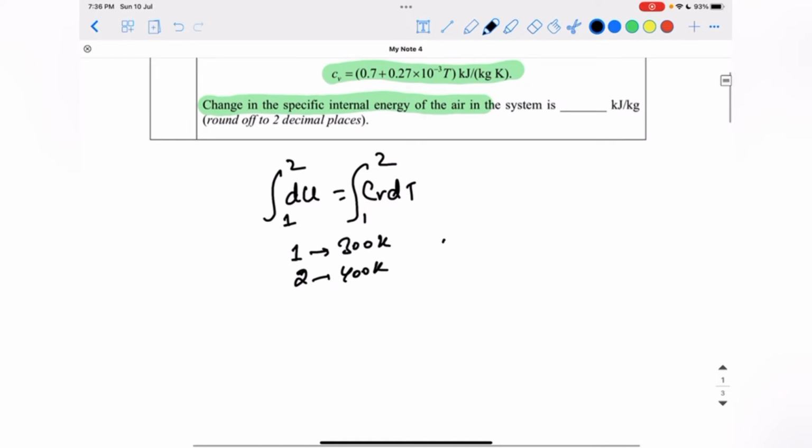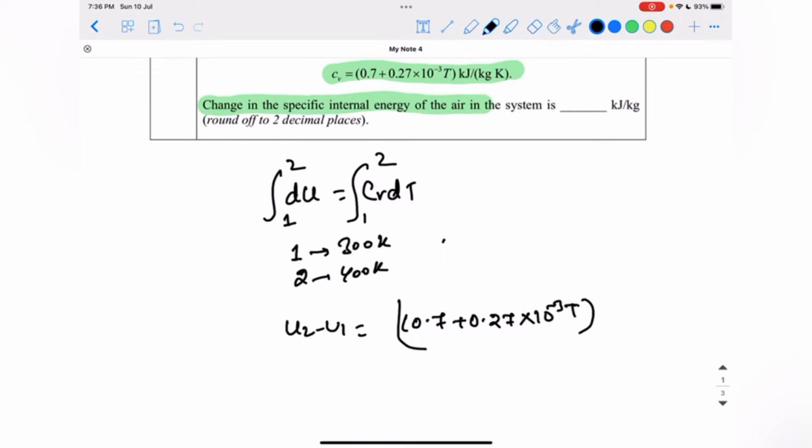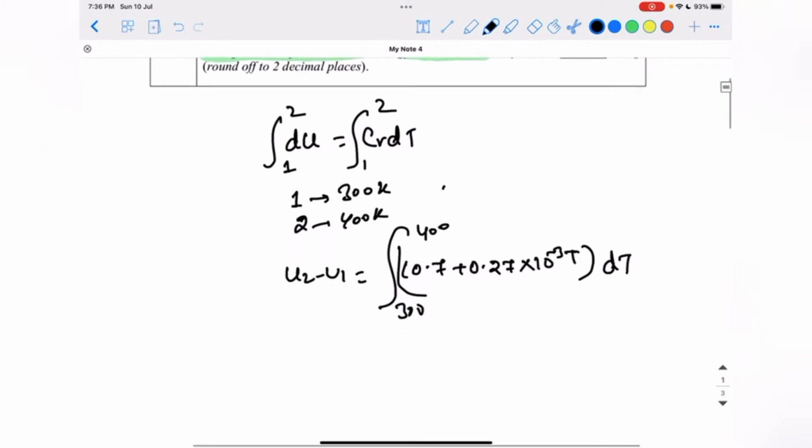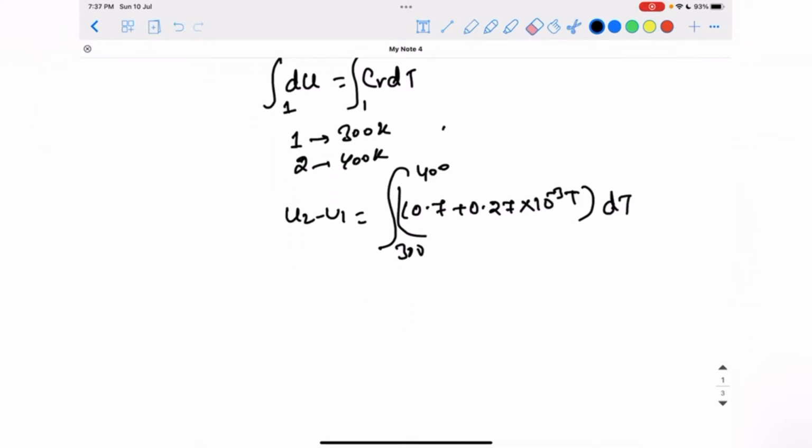So let us write this equation: U2 minus U1 is equal to the integral of 0.7 plus 0.27 × 10^-3 T dT, integrating from 300 to 400. So it's a simple question, not very complex, simple integration.